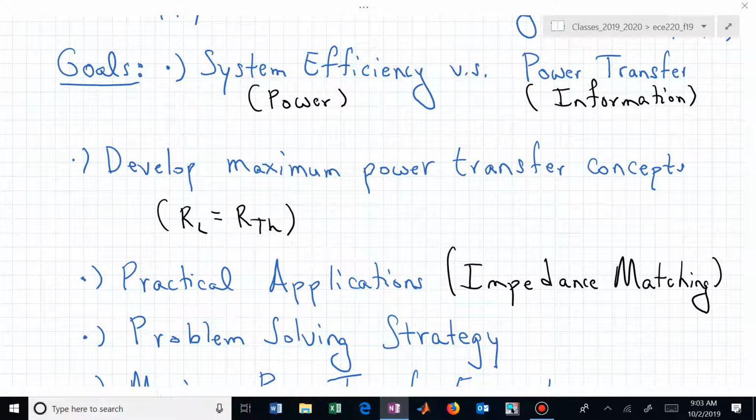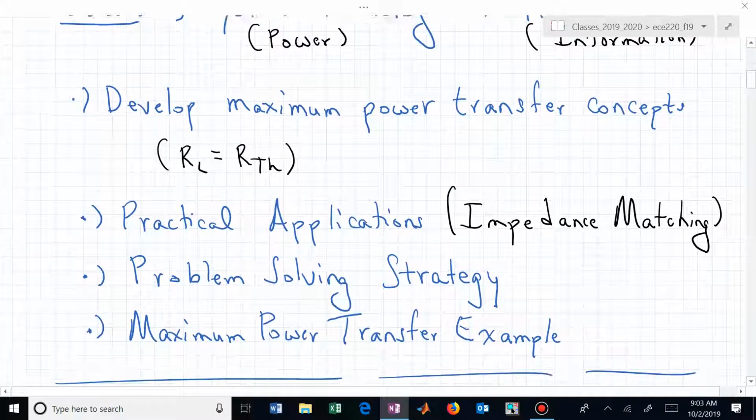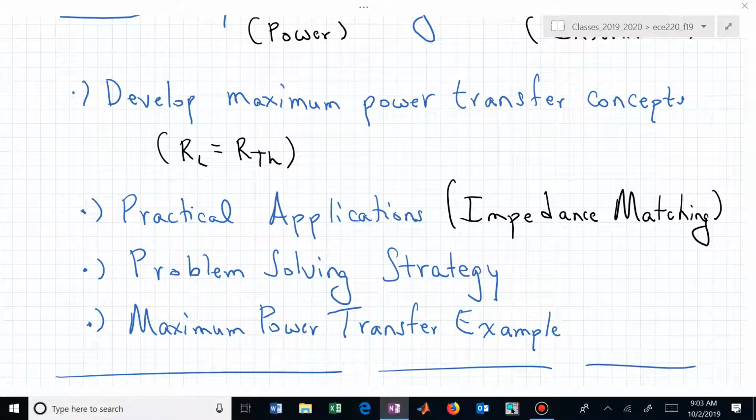We'll try to make that distinction before we get into that maximum power concept, which is what we will derive. We'll derive what needs to happen with respect to our load relative to the system that's driving that load. How are they related in order to make the load have the maximum power or dissipate the most power?